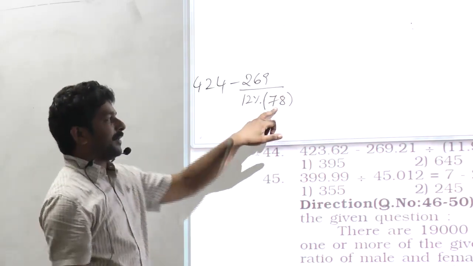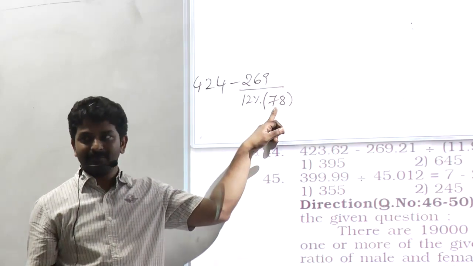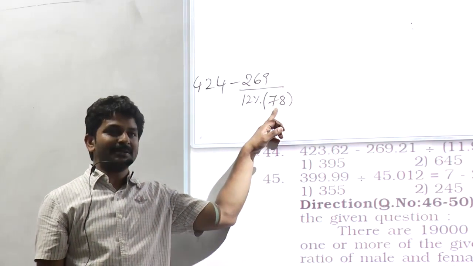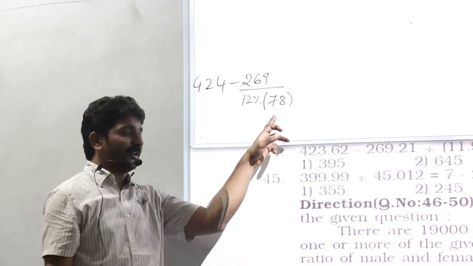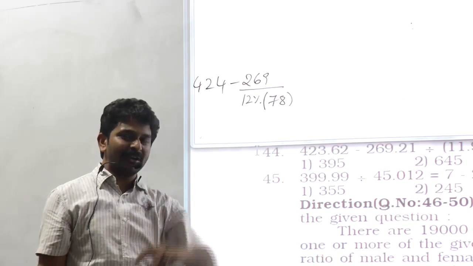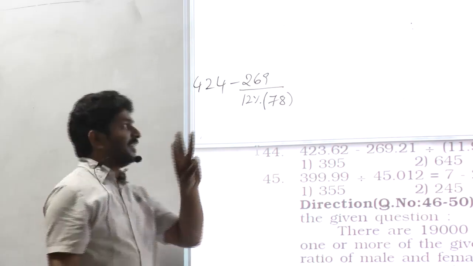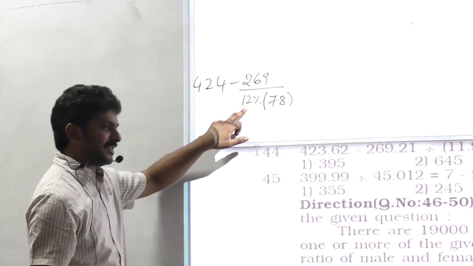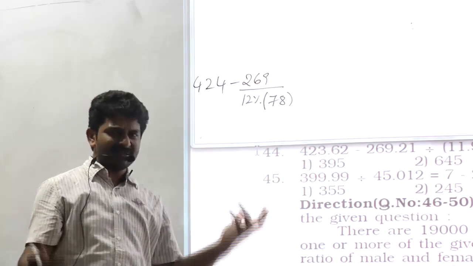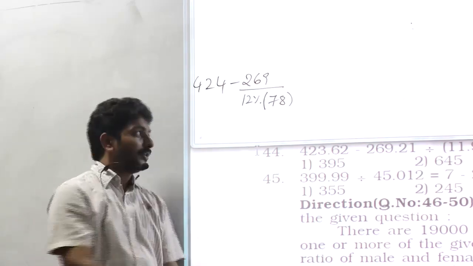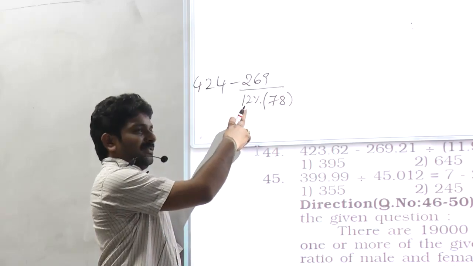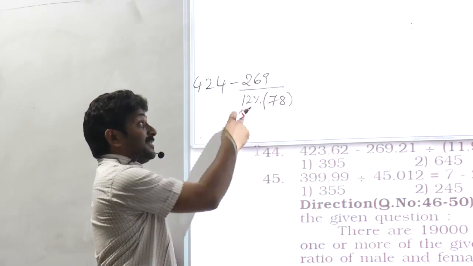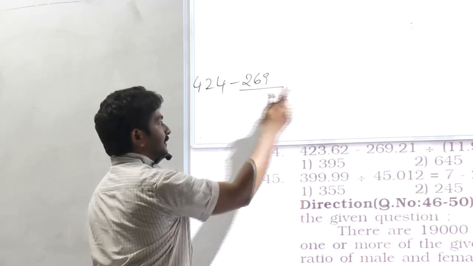For time being, let me write it as 75%. I'll tell you why. What is the difference between 75% and 78%? 3%. Let's try to calculate 3% here. What is 3%? 0.3. Doesn't make any difference. Yes or no? So 75% of 12, 9.